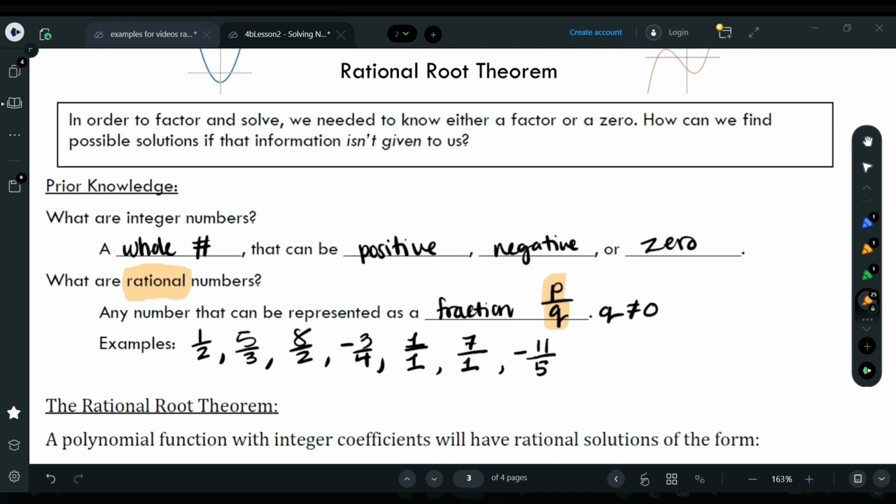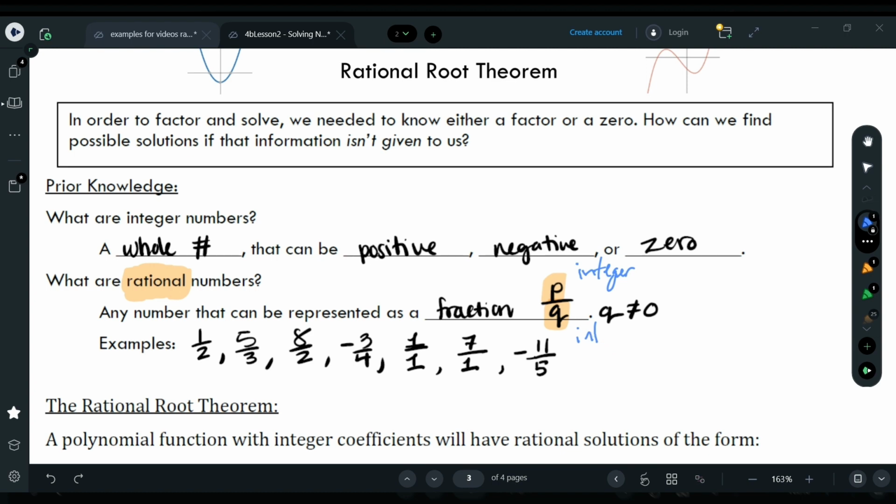So any fraction of integers, so meaning as long as I have an integer on the top and an integer on the bottom, then what we have when we consider that entire fraction, it's called a rational number, a ratio of integers. Remember, a ratio is another word for a fraction.